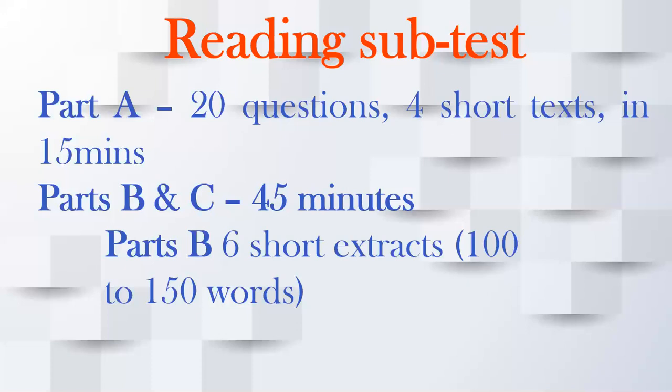You read these texts to find the answers to the 16 questions that you have, 8 for each of the texts that you find in part C. And that's generally what the reading subtest is about.